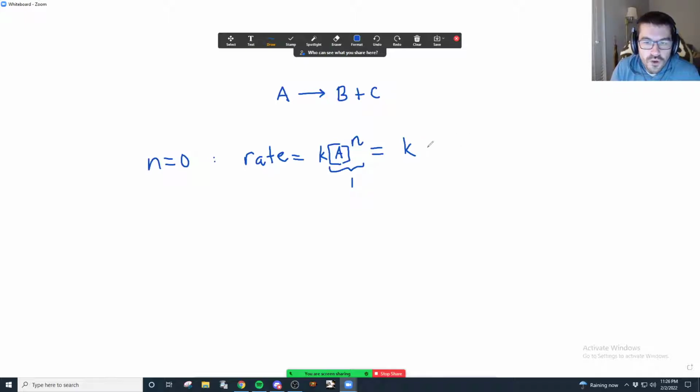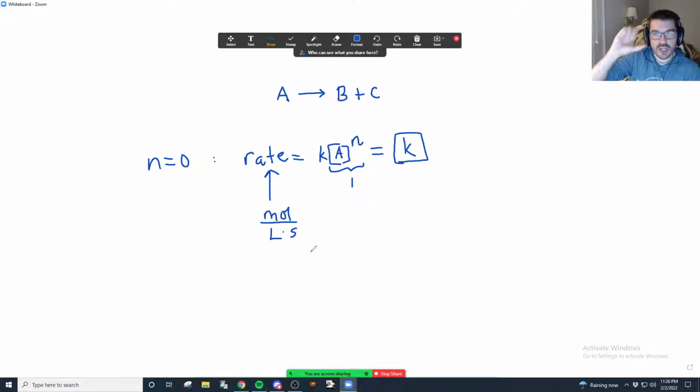So let's talk about what the units of this rate constant are in this scenario. In class we talked about what the units of the rate are. The units for the rate of a reaction are usually moles per liter per second.